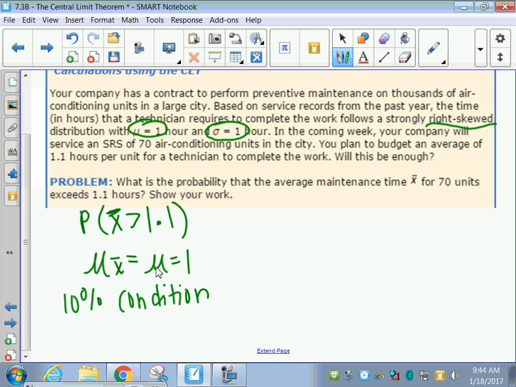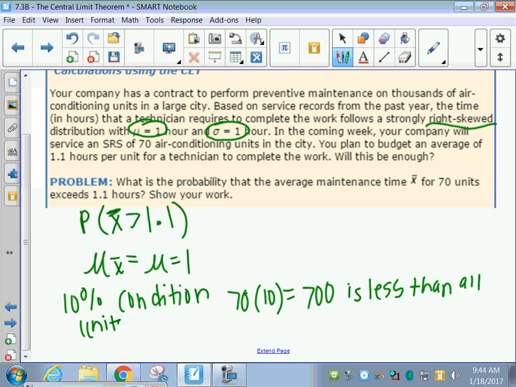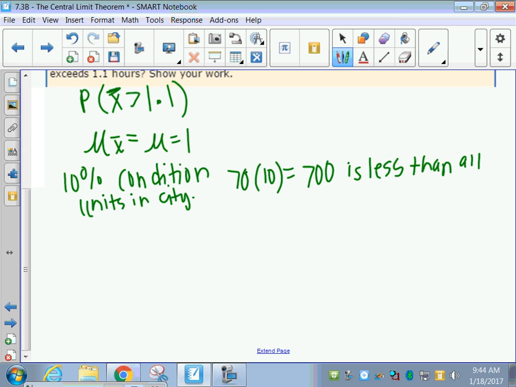So what do you guys think? 70 times 10, multiply your sample by 10, that's 700, which is definitely less than all the units in the city, right? Units in the large city, all right? They specified that. Now we can go ahead and use the formula for standard deviation of sample means. So Owen, what's the formula?